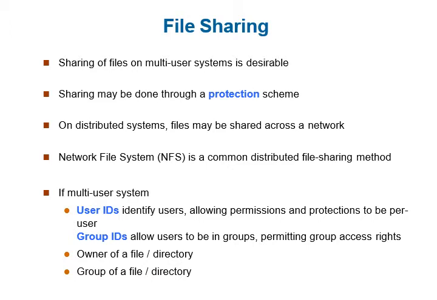Group IDs are there, which club multiple users into a single group and then give permissions to the group so that they can get the access rights. You can give permissions for files or directories also. Similarly, group IDs can also have access permissions for a file or directories.